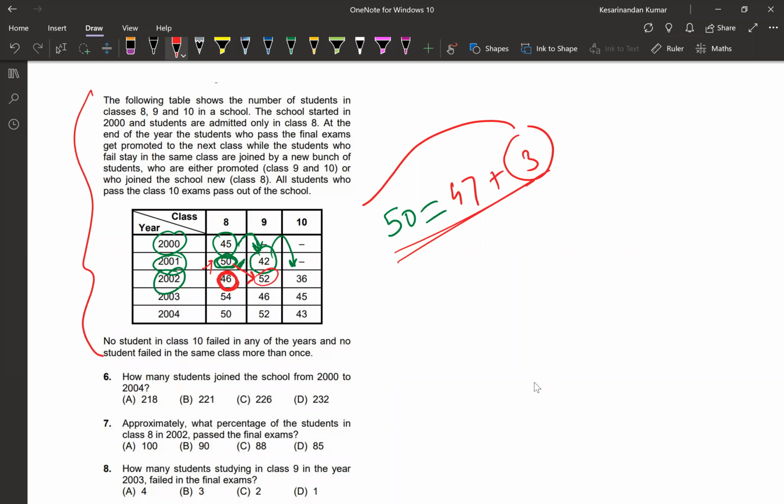How did we get this 52? Out of 50, 46 people are promoted to 9th class, Casey. See, I'll tell you. We had 42 here, right? From there we got 36. That means how many failed? 6.